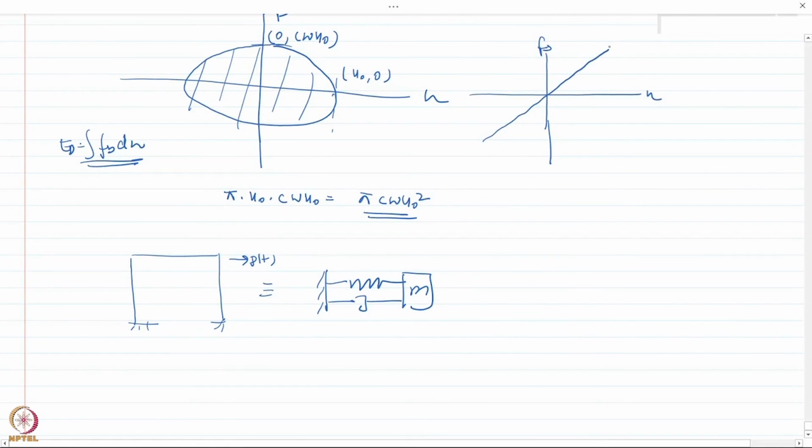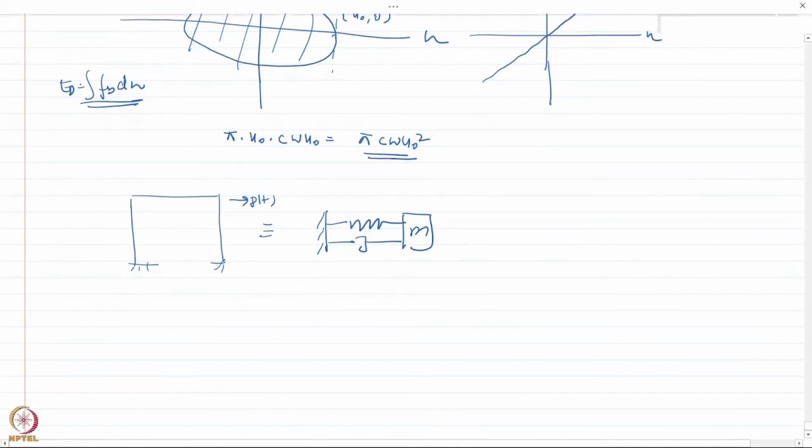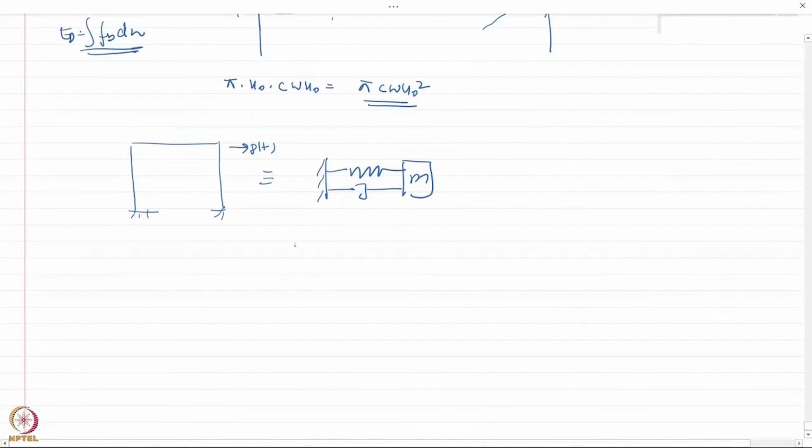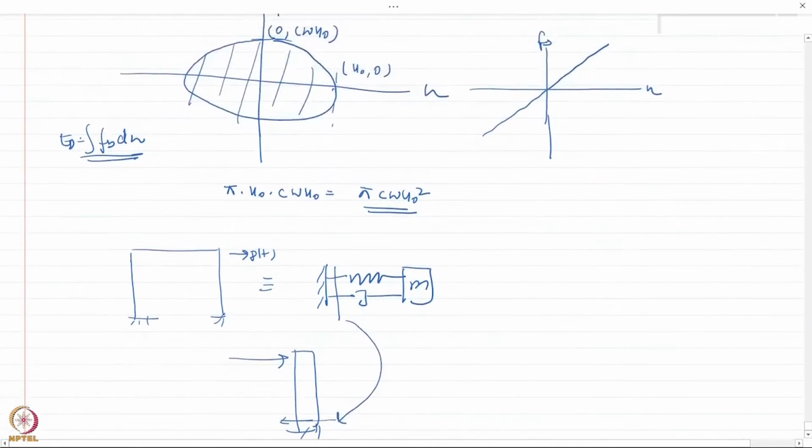In reality, when you take a component, let's say a column, and you start applying a force and measuring the force behavior, especially in an experiment, it would be the sum of the spring force and the damper force.